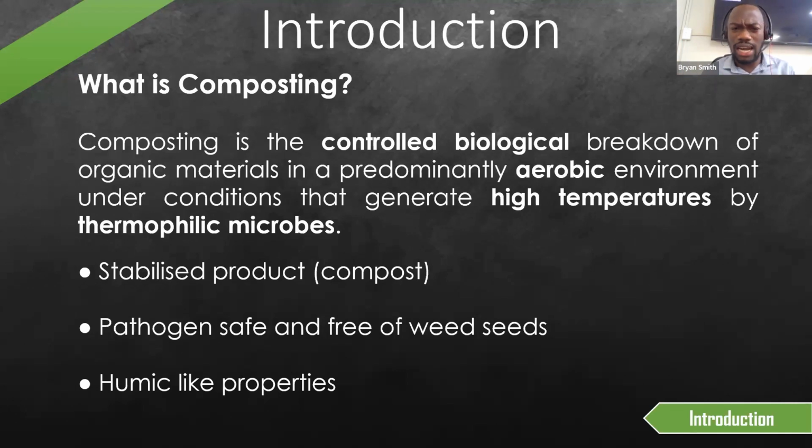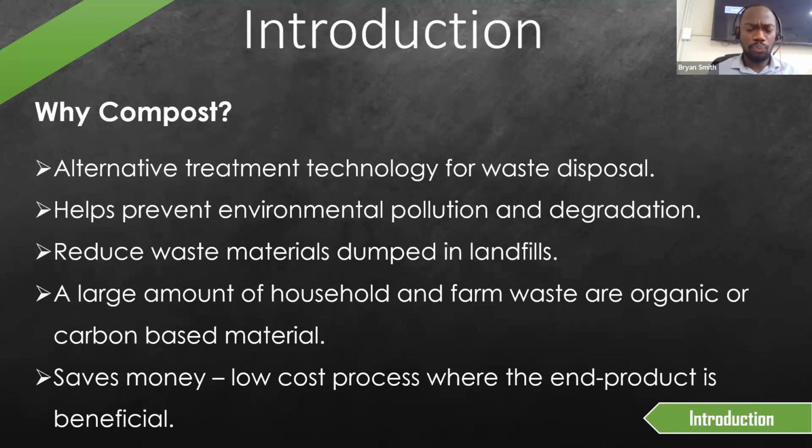And it has a dirt-like property at the end. So that is what we call composting: controlled, oxygenated, high temperature, heat, stable product at the end. So why compost? There are many reasons for composting, and I'm sure when my colleague Mario goes on, he's going to speak about other reasons for why we compost.